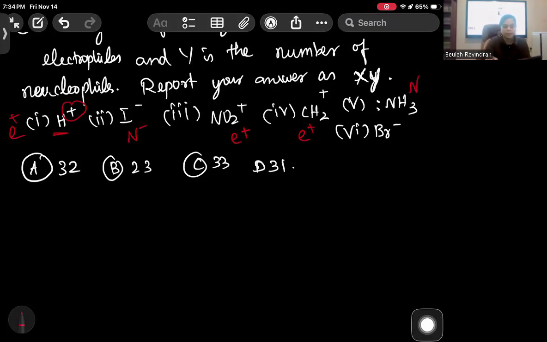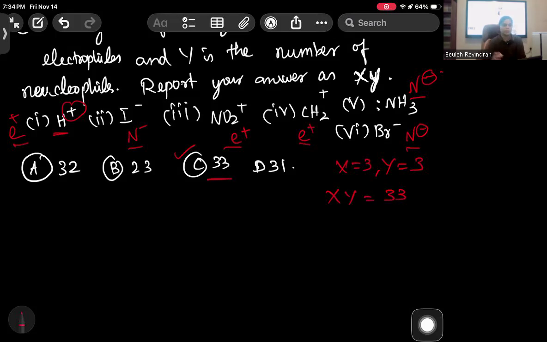Br minus is obviously a nucleophile. So there are 3 nucleophiles and 3 electrophiles. Y is 3, X is 3, so 3, 3 is the correct answer. Clear? Questions like this will be asked.